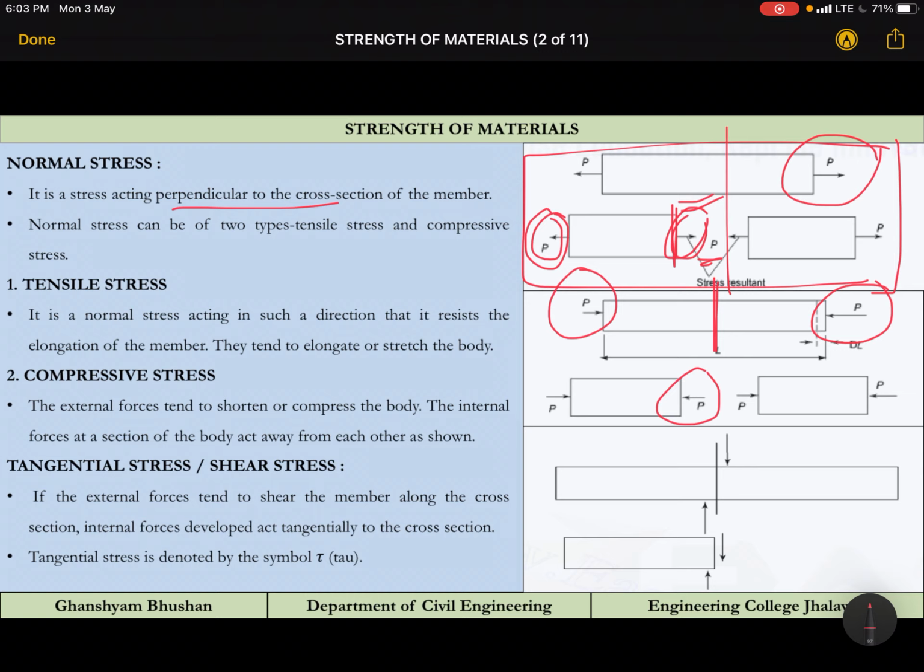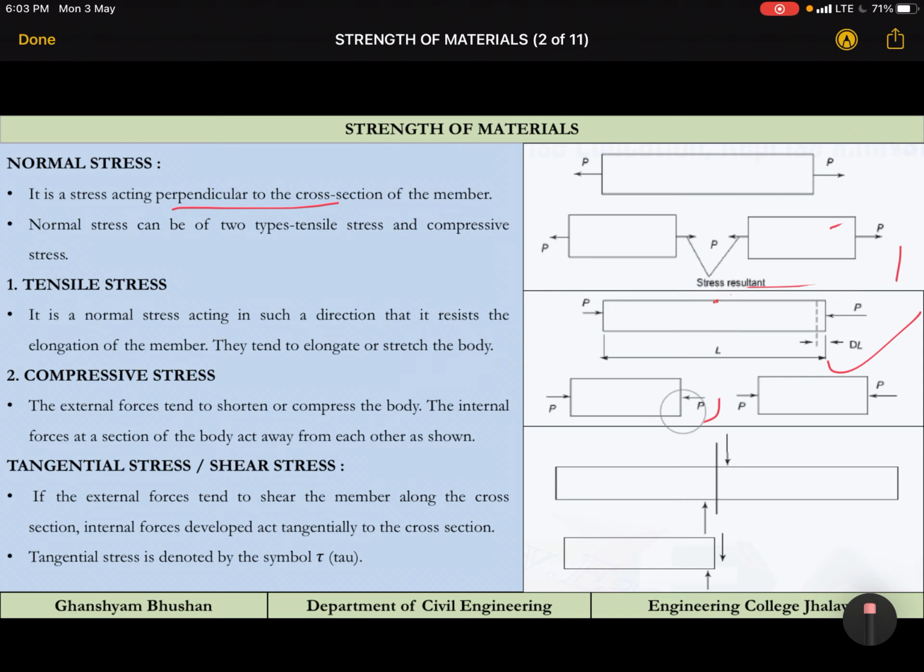Tensile stress is a normal stress acting in such a direction that it resists the elongation of the member. Such forces tend to elongate or stretch the body. In the same manner, compressive external forces tend to shorten or compress the body. The internal forces at a section of the body act away from each other, as you can see in this diagram and this diagram.